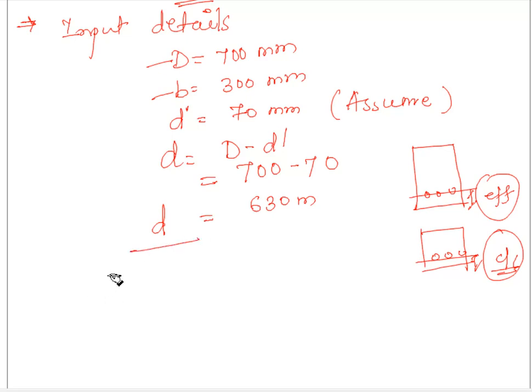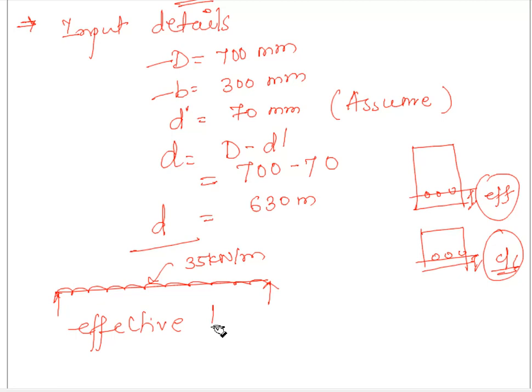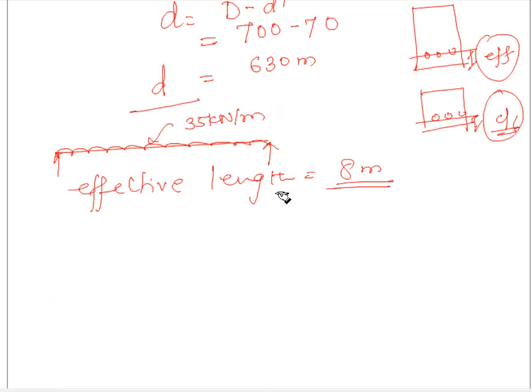Now we have been given a UDL on the beam. This is a simply supported beam with a UDL of 35 kilonewton per meter. The effective length given is 8 meter, so the moment will be calculated as per this effective length.